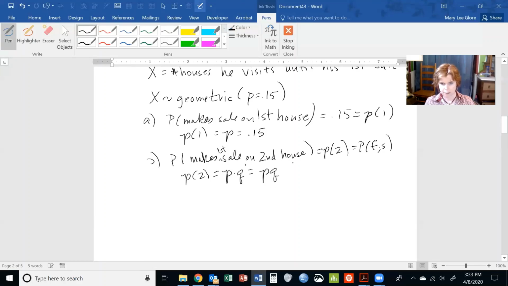That is 0.15 times 0.85. P is 0.15, Q is 1 minus that, so 85% of the time he doesn't make a sale at a given house. Multiplying that together gives 0.1275.